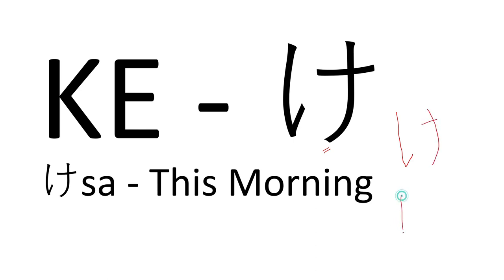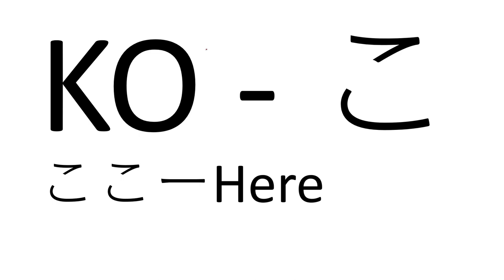First stroke, second stroke, and the third stroke. So a word with it is kesa, means this morning. The next one is Ko. First stroke and the second stroke. It's an easy one. So a word with it is koko, means here.